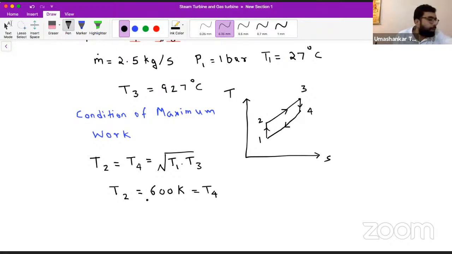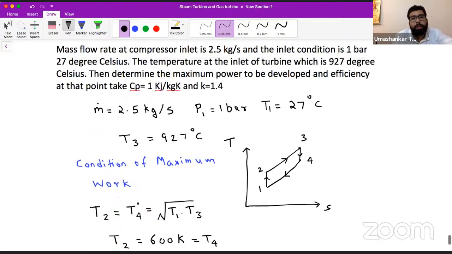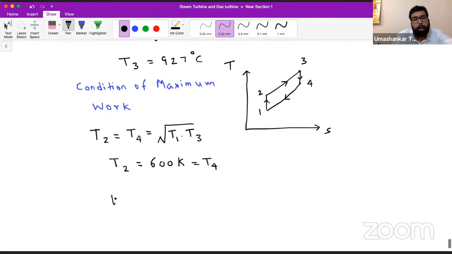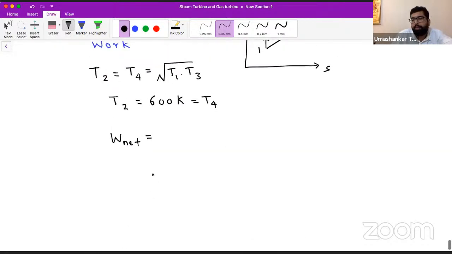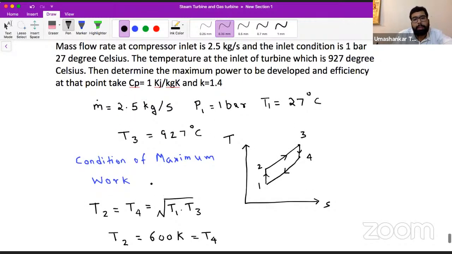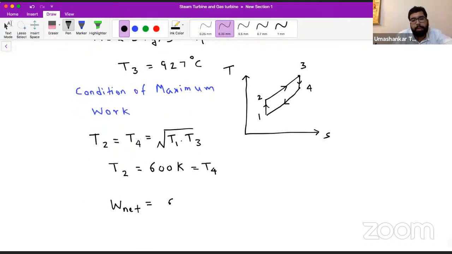Now we wanted to have the maximum power. For that, let us first calculate the net work done in kilojoule per kg units. So net work is equal to turbine work minus compressor work. Sorry, we must subtract the compressor work from the turbine work.